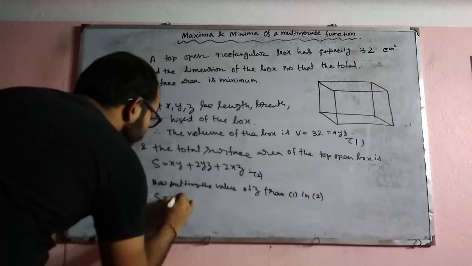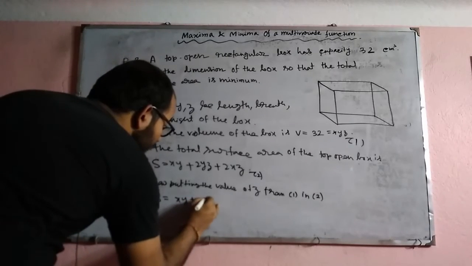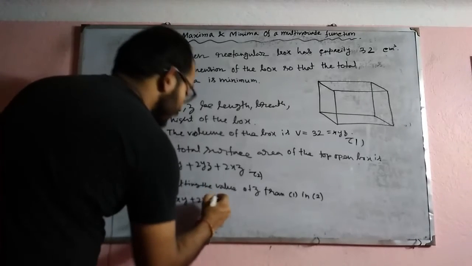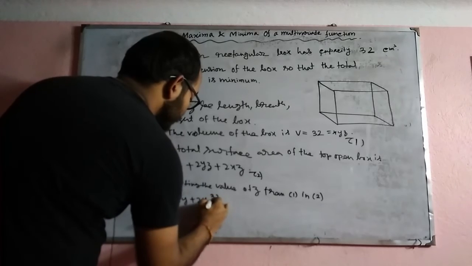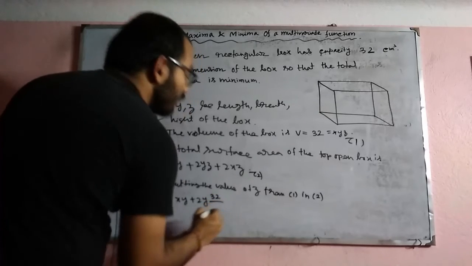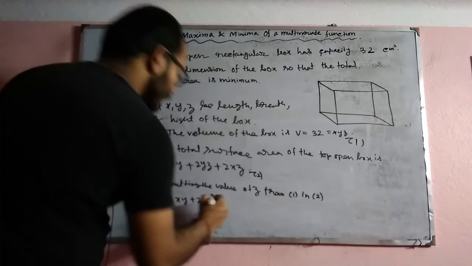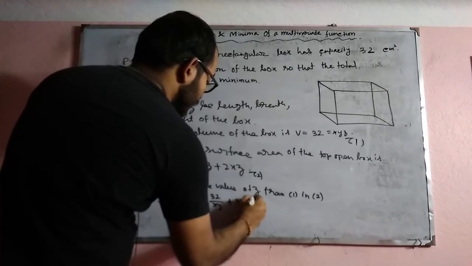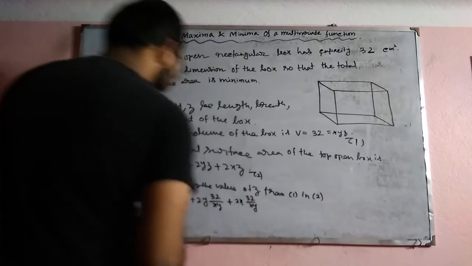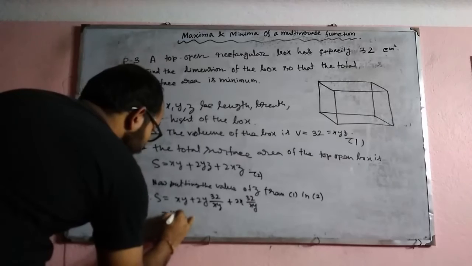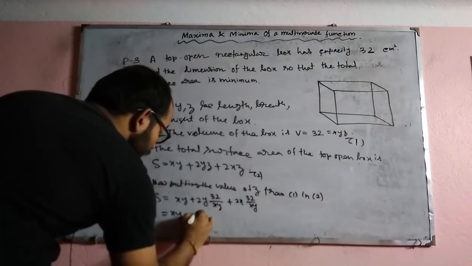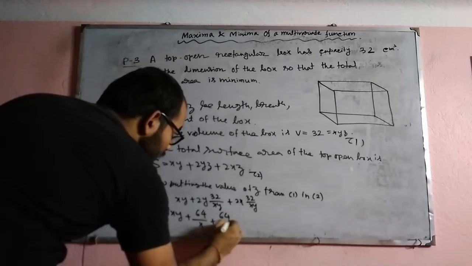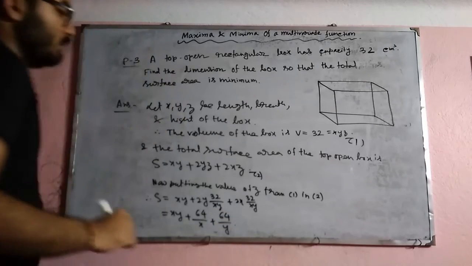So S is equal to xy plus 2y. What is z? 32 by xy. So S is equal to xy plus 64 by x plus 64 by y. Okay.